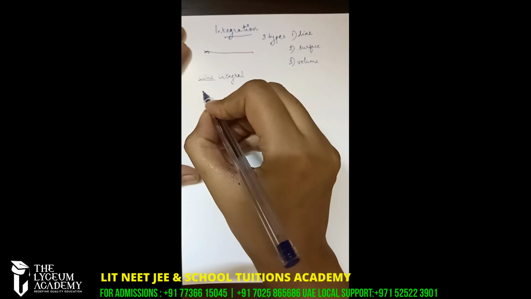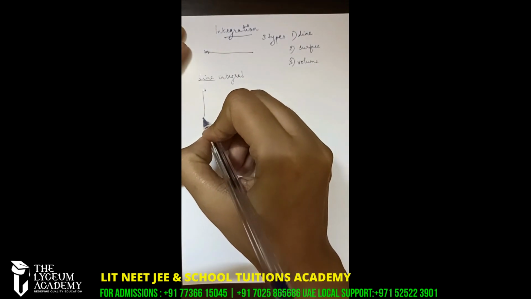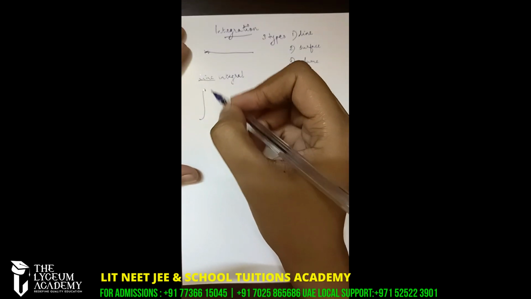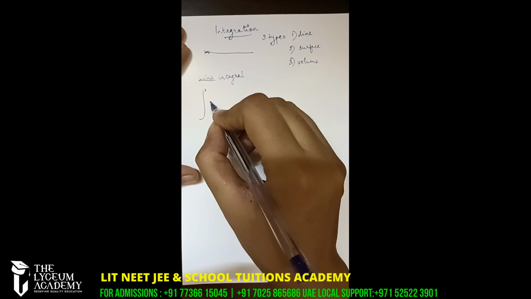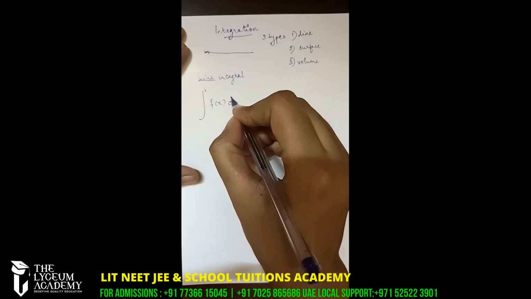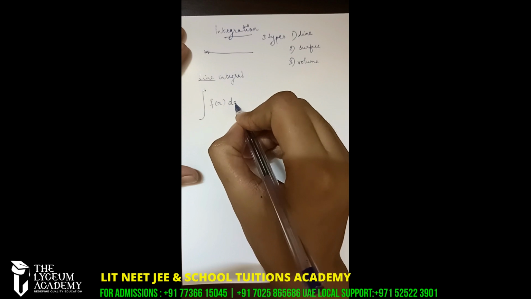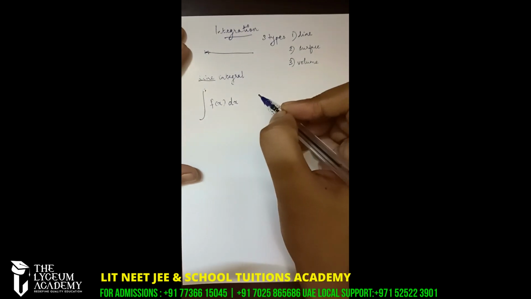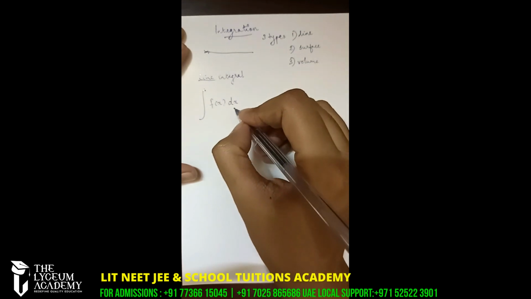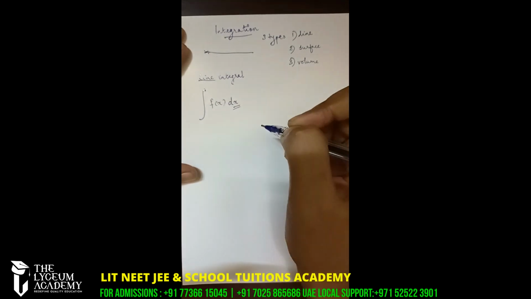Basically, how we will represent integration is we will give a sign like this, and we will be writing the function here, and also the variable with which we will be integrating it. So here I am integrating with x.